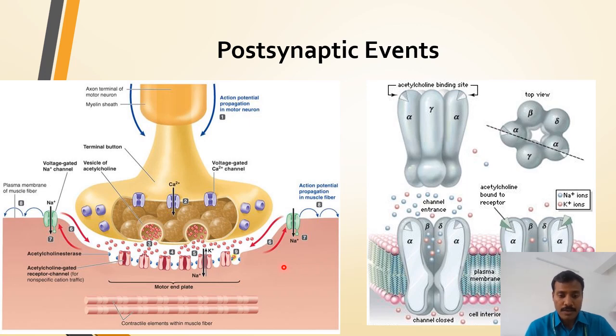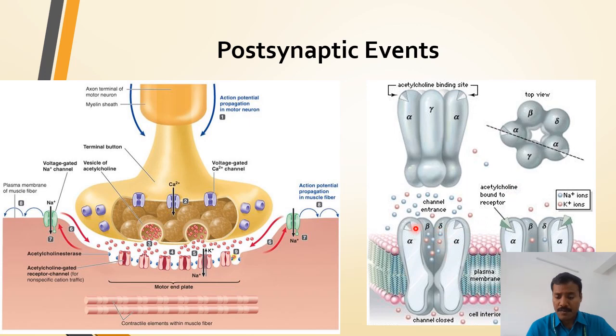One more thing I need to say is the axon terminal is located in the center, the middle of the muscle fiber. So the action potential can propagate in both directions, the right side and the left side, because the axon terminal is located in the center of the muscle membrane.